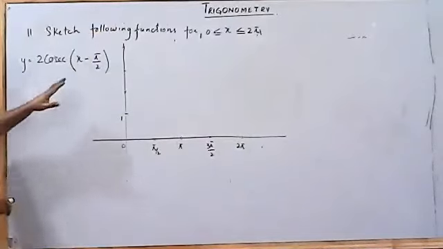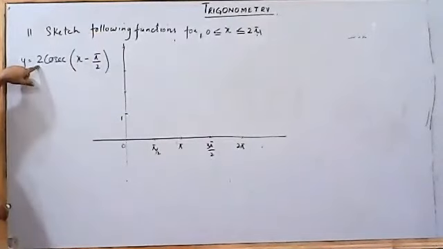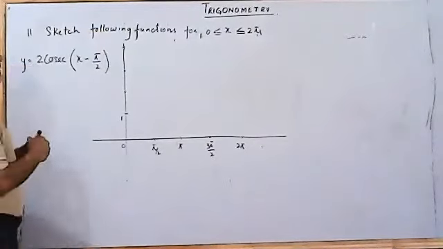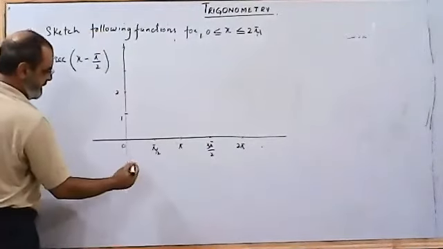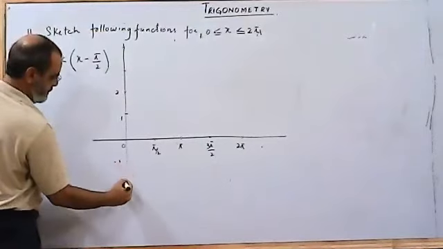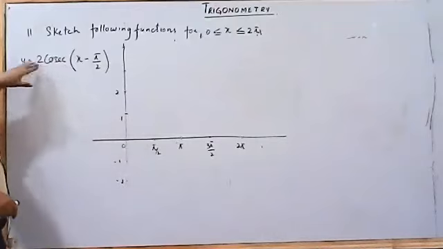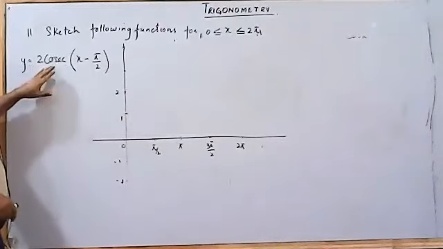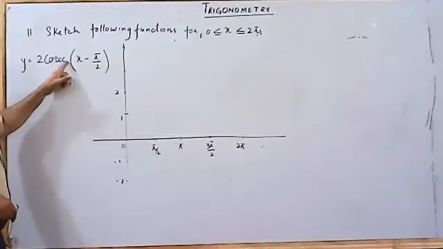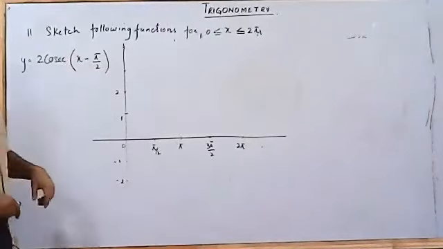As you can see in this case, the amplitude is 2, the curve's maximum value is 2 and the minimum value is minus 2. The curve can fluctuate perpendicularly between 2 and minus 2. There is no coefficient of x, so there will be only one curve in 2 pi.